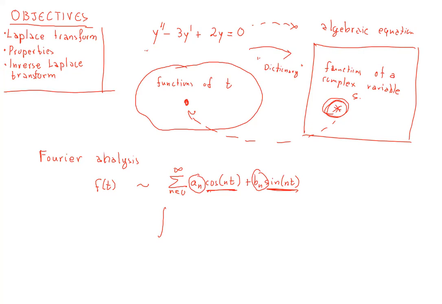You get something like the integral of f of t, times cosine of nt, dt, over an appropriately chosen interval, I don't know, something like negative pi to pi, and you get some factors in the beginning. The point is that you get such an integral.